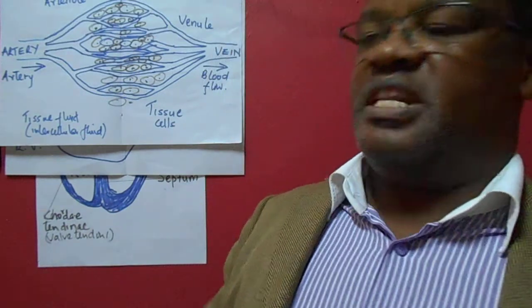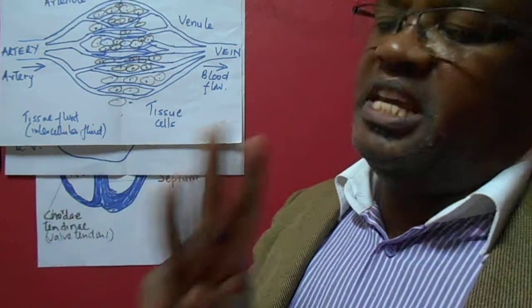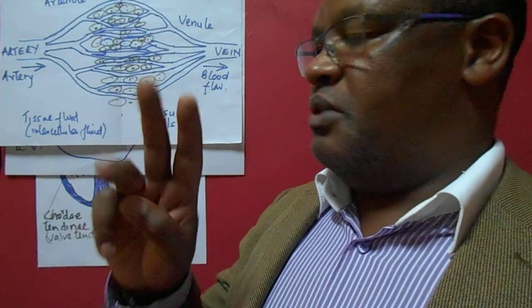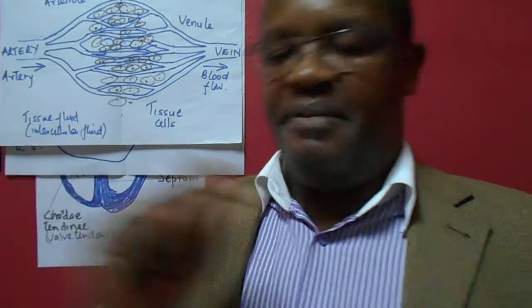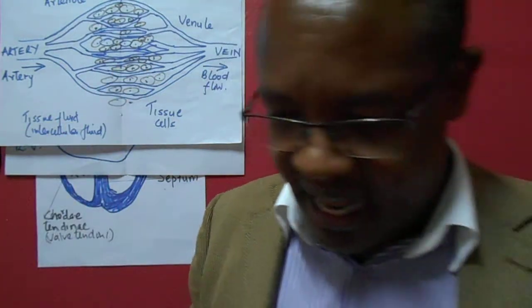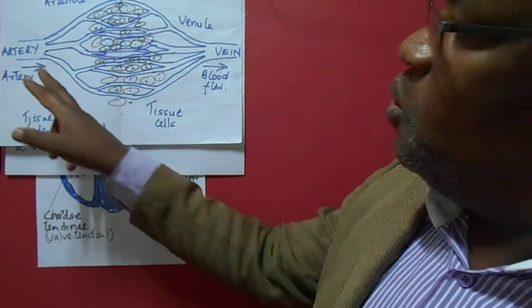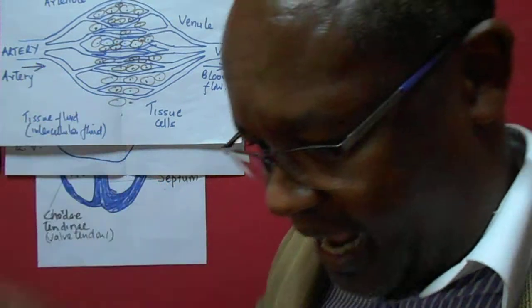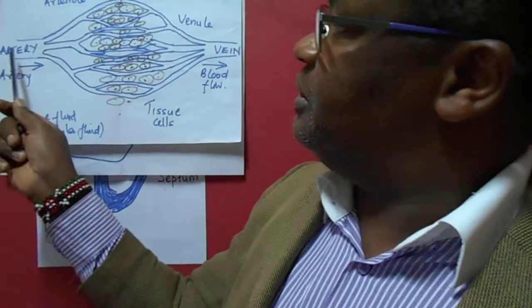I want us to start with the blood vessels. We have three main blood vessels: the arteries, the veins, and the capillaries. I want us to look at what we have here.